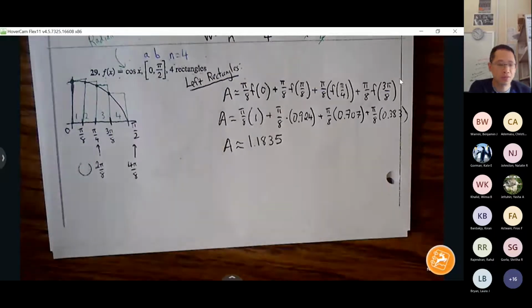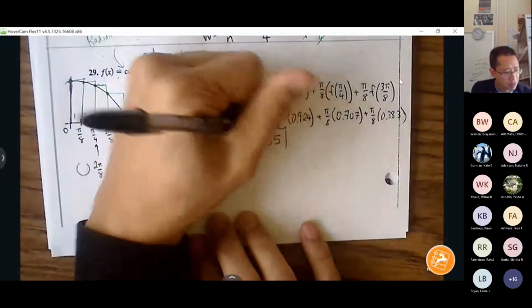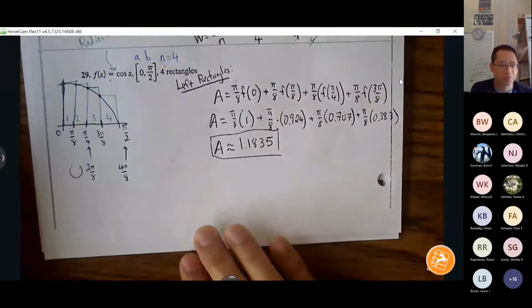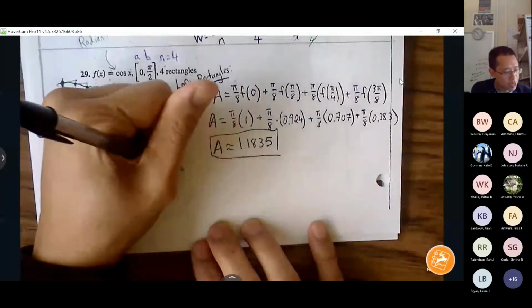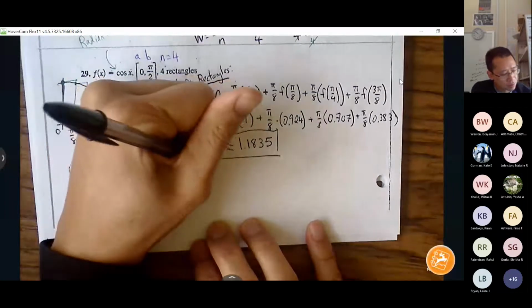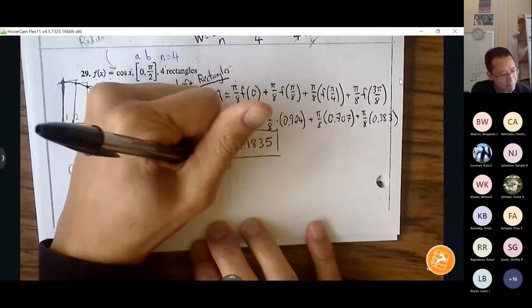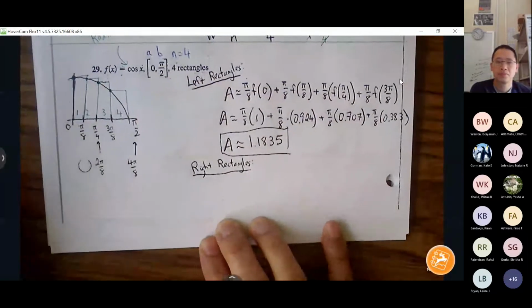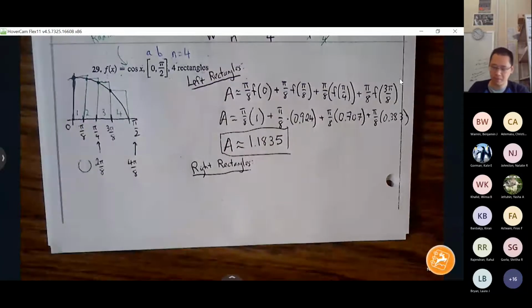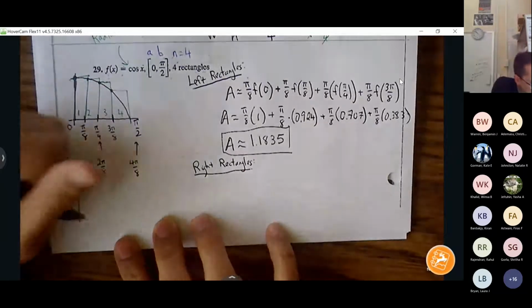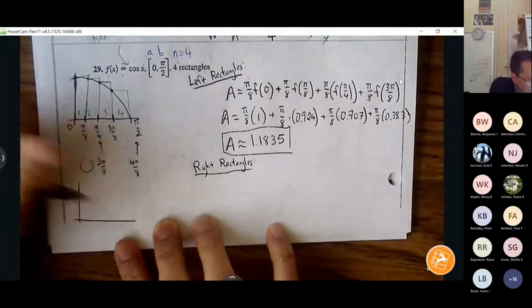Okay, so there we have our left rectangles. That's our approximation using 4 rectangles. Let's find the approximation for right rectangles. Just to demonstrate this a little bit better here, I'm going to redraw the graph.